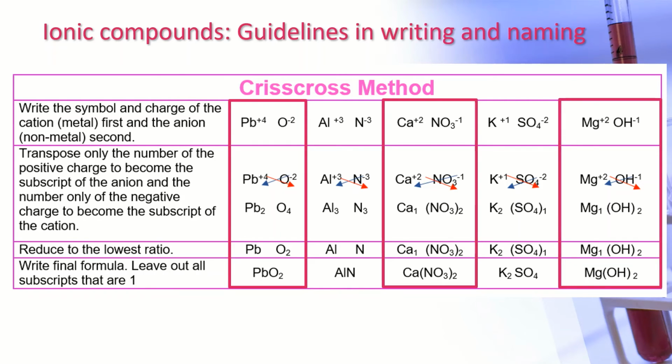Last example, Mg +2 and OH -1. Then transpose the superscript of the cation to become the subscript of the anion and vice versa. So it becomes Mg1(OH)2. Reduce to lowest ratio and it becomes Mg(OH)2.